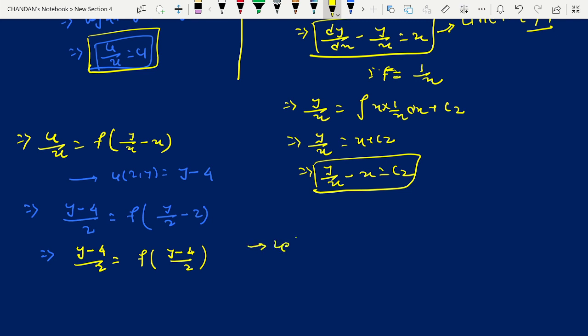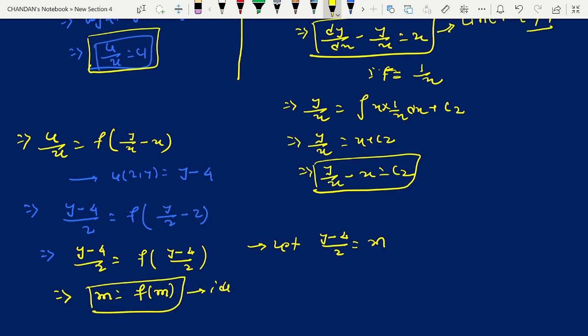Here let y by 2 minus 2 be equal to m, then what we got, m is equal to f of m. So this is the identity function.